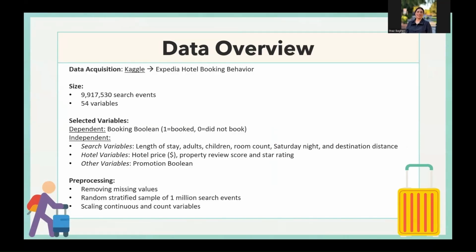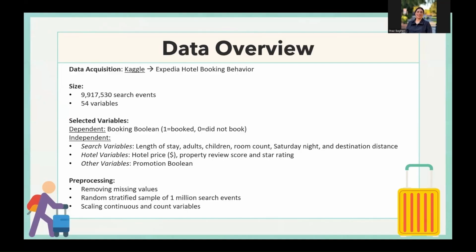First, search behavior: the length of stay, number of adults and children, room count, Saturday night indicator, and travel distance. Second, hotel characteristics: price, star rating, and review score. Third, promotional factors: whether a promotion was active.